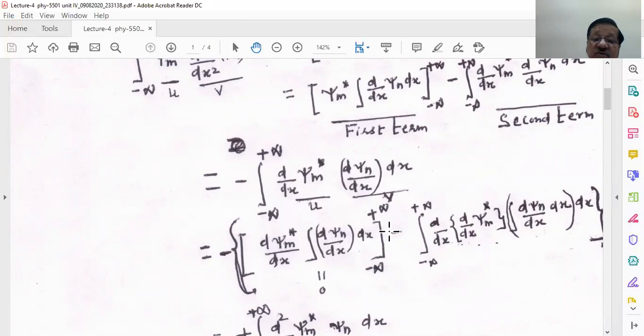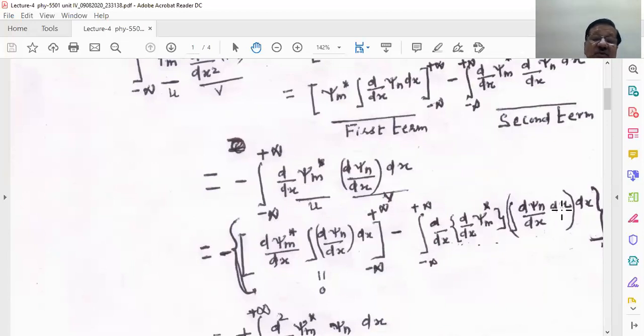And this is a law, so you have a minus sign, and this integration is from minus infinity to plus infinity. Now you have to take du by dx, so d by dx of u. Then you have to take integration of v dx. So this is v, d psi by dx. This is the integration of v dx, and it is all integrated with respect to x. This is the entire integrand.